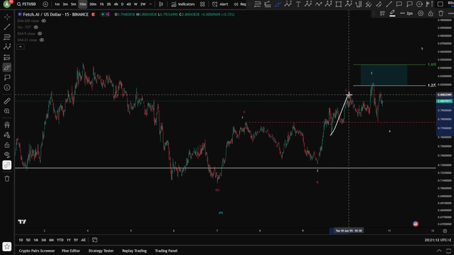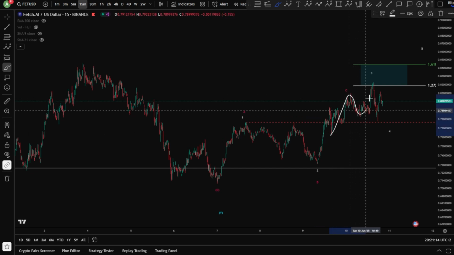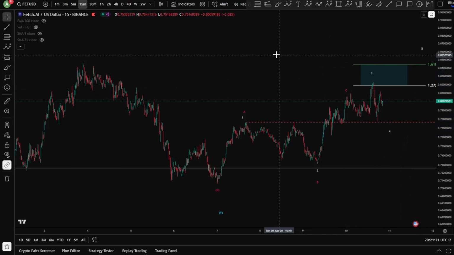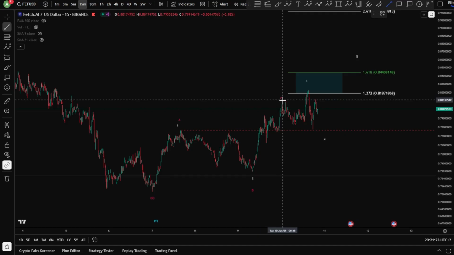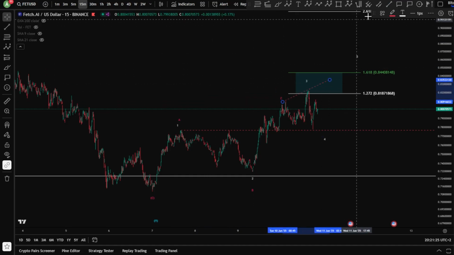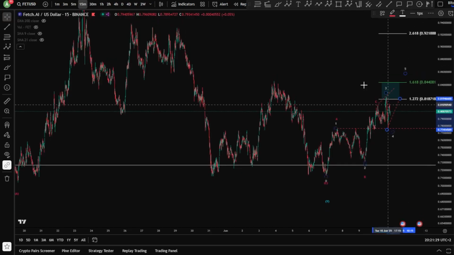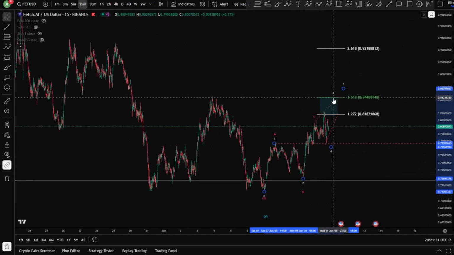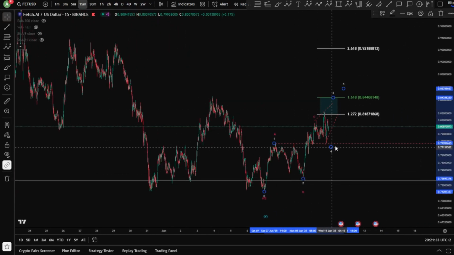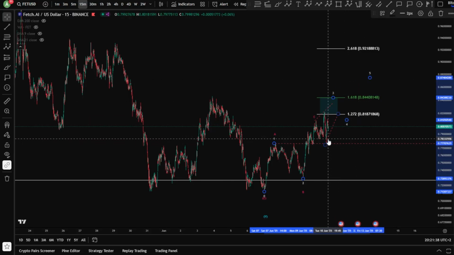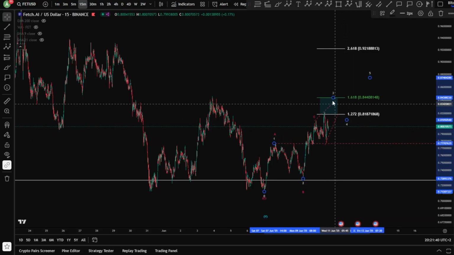The only way that I see it here is a zigzag wave 1, A, B, C, expanding flat wave 2, and having a wave 3, 4 and a 5 toward the upside, probably to finish this impulse. But even if this impulse is going to finish in a wave 3, higher prices here, and then having a wave 4 and a 5, that is very questionable.